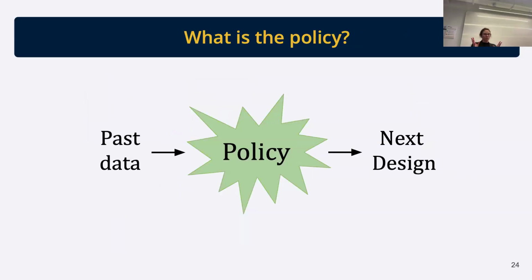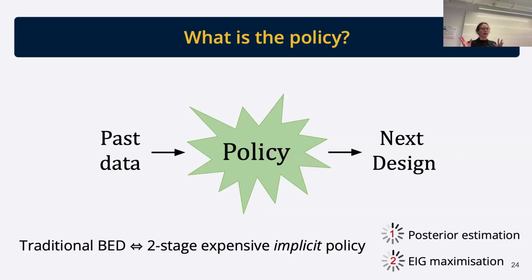Now, what is this policy? This policy is just going to be a function that takes our past data and outputs our next design. And to highlight, the traditional approach that I just described is actually a special case of this policy-based process, where the traditional BED approach is the two-stage expensive implicit policy: the first stage is, as we discussed, estimate your posterior, and the second step is maximize your EIG.